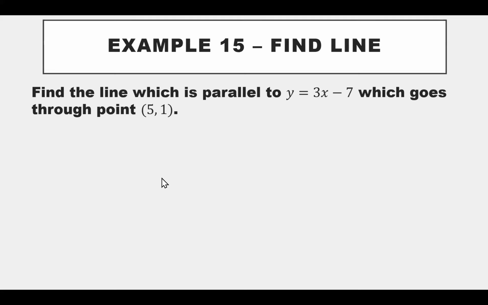So let's do an example that highlights that. Let's find the line which is parallel to y equals 3x minus 7 and which goes through 5, 1.